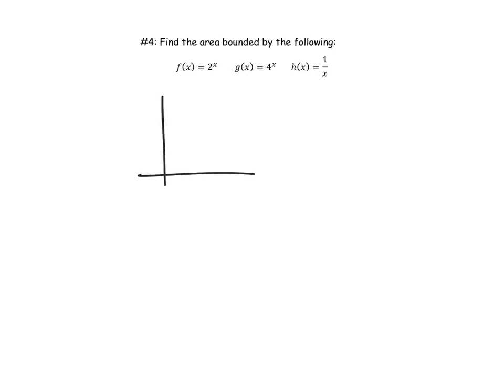I'll do f of x in green. All right, this would be the point 0, 1. And the graph would look kind of like this. It would go through the point 1, 2. Okay, this would be the point 1, 2 as noted. Okay, the graph of g of x would be 4 to the x, which would go through the point 0, 1.